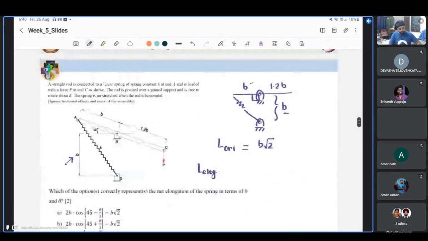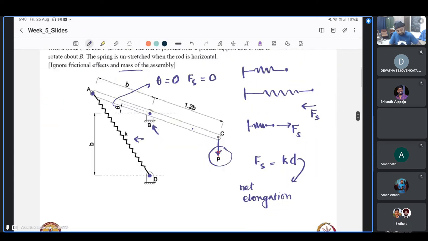That also we can do from geometry. If we were to consider this diagram itself, we can see that this is B, this is given. What will this angle come out to be? This angle is nothing but theta plus 90. The horizontal makes the angle 90, and then we have theta.